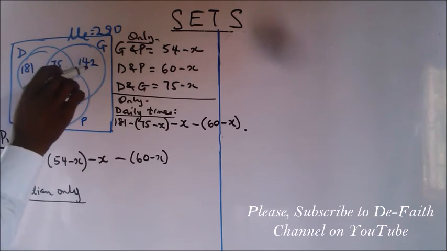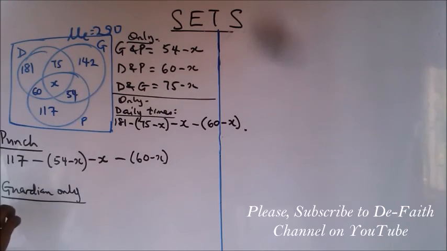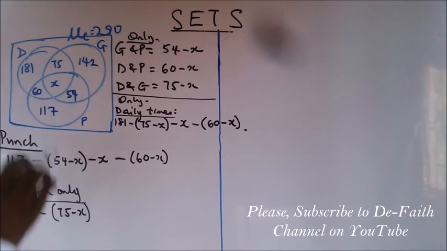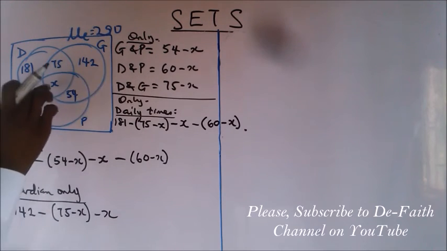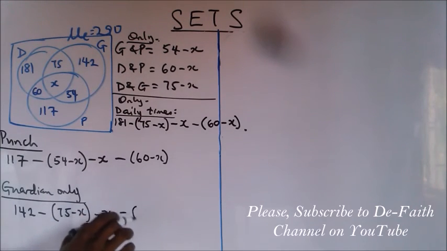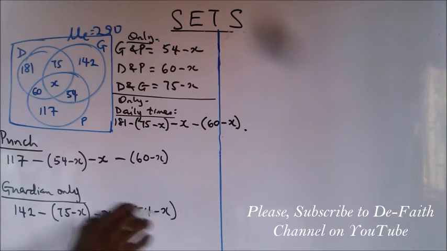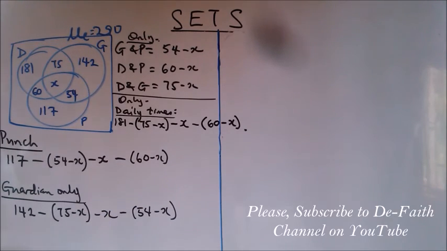Now, this 142 is for the entire Guardian. So to get for Guardian only, we have 142 minus 75 minus X, minus this X, minus 54 minus X. And that's how we get that.